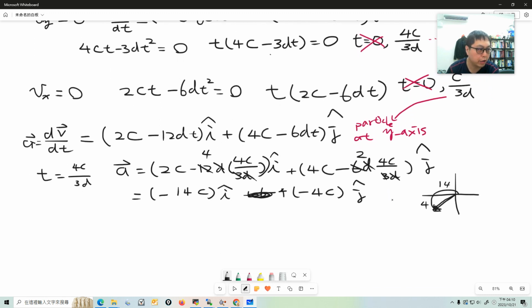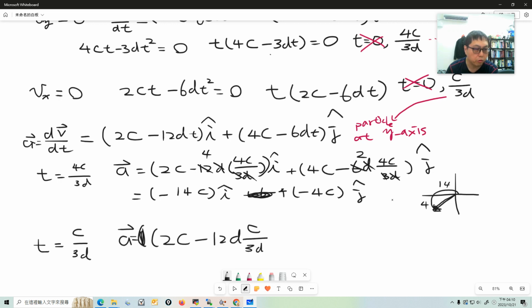So we check the other time. At this time the particle is on the y-axis, so let's check whether it's really moving along the y-axis. Minus 2d times 3d... 4i plus (4c minus 6d times c over 3d) j.